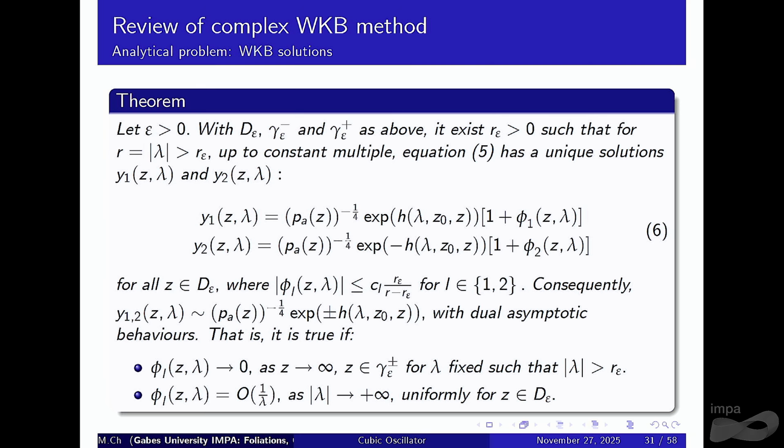So we have this theorem which mentions the local fundamental system, and the important thing here is a well-known result: we have this duality of asymptotics, which is true as Z goes to infinity in the plus or minus path, for lambda fixed, or which is true when lambda goes to infinity uniformly for Z in the epsilon domain.